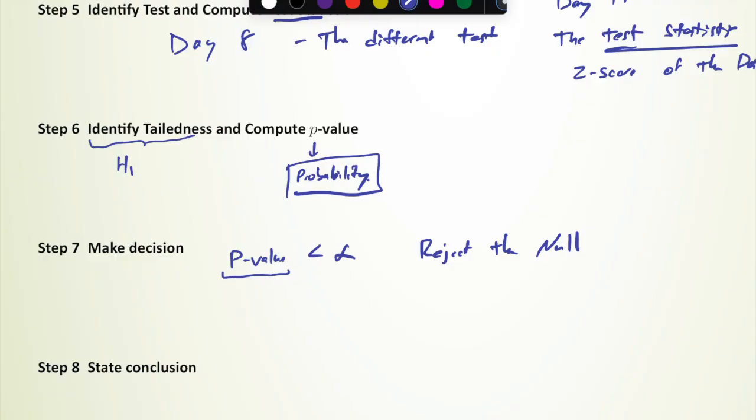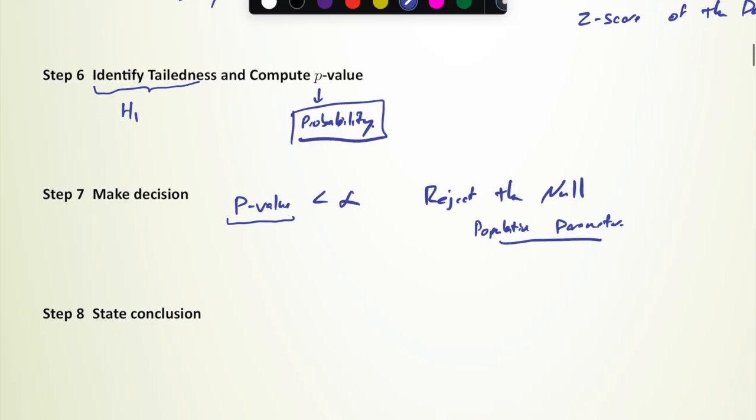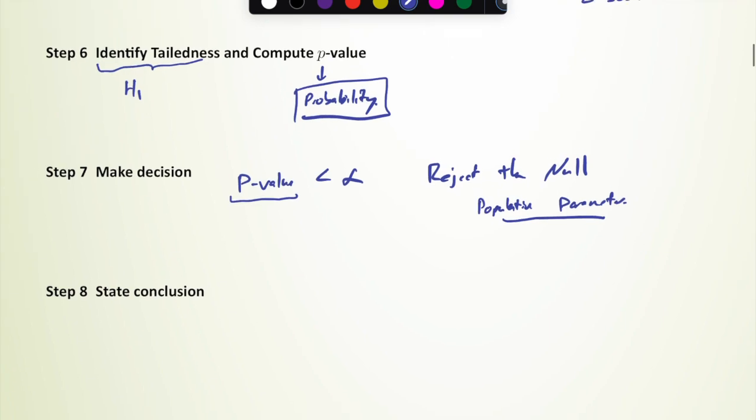So we reject the null, which is a population parameter assumption. That is the thinnest ice, and that's what's going to get the blame when my p-value is way too low. Now, on the other hand, if the p-value is not smaller than alpha, then the data is normal, and so we do not reject.